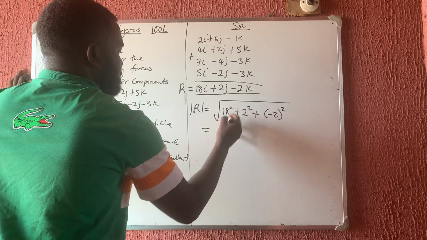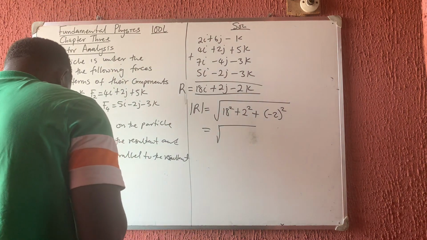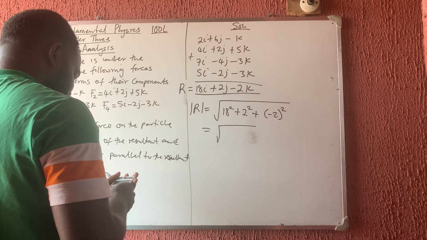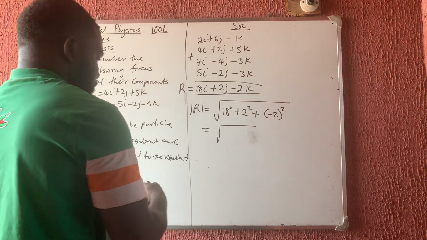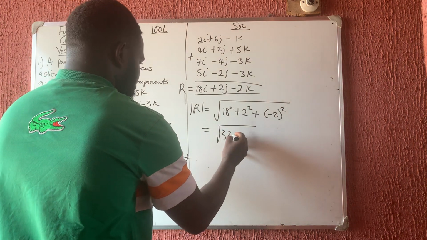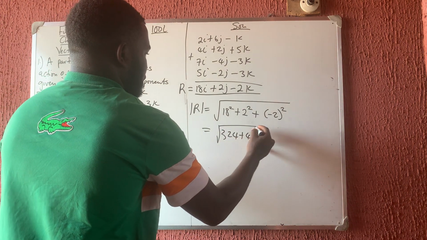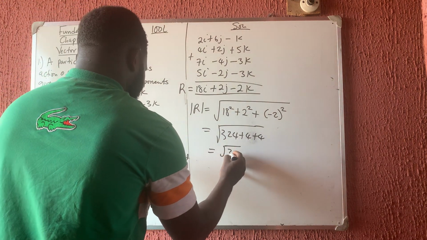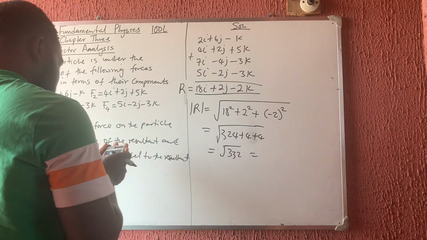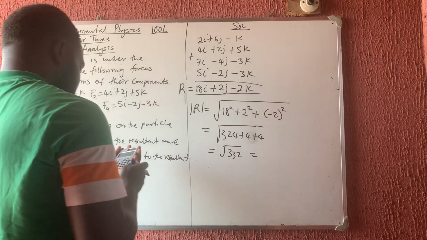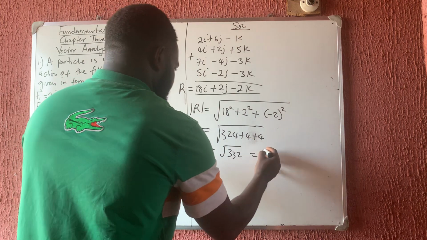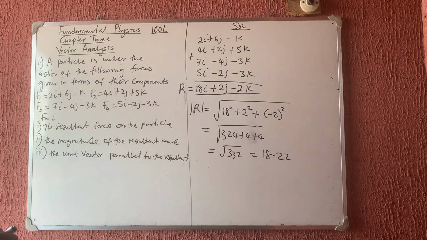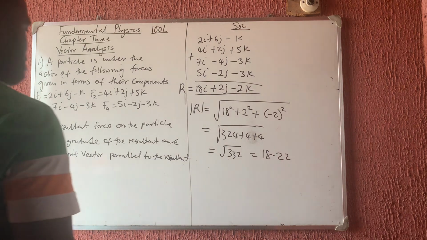Which will give you the square root of 324 plus 4 plus 4, so the square root of 332, and the square root of 332 will give you 18.22. Okay, 18.22 is the magnitude of the resultant.